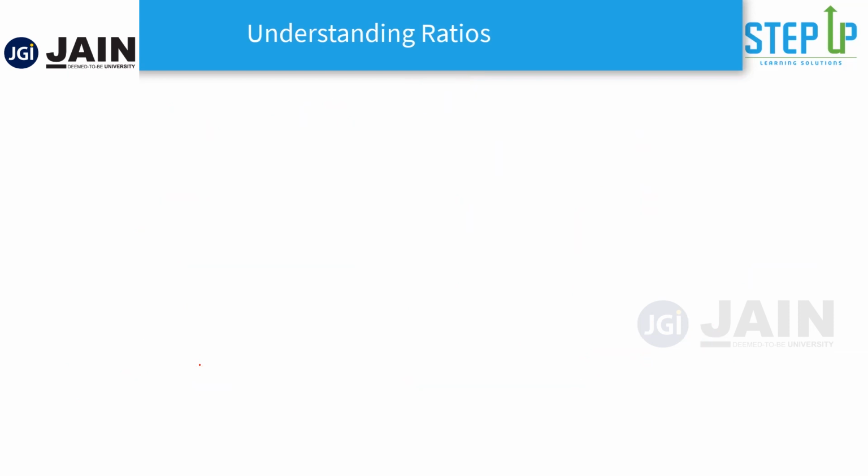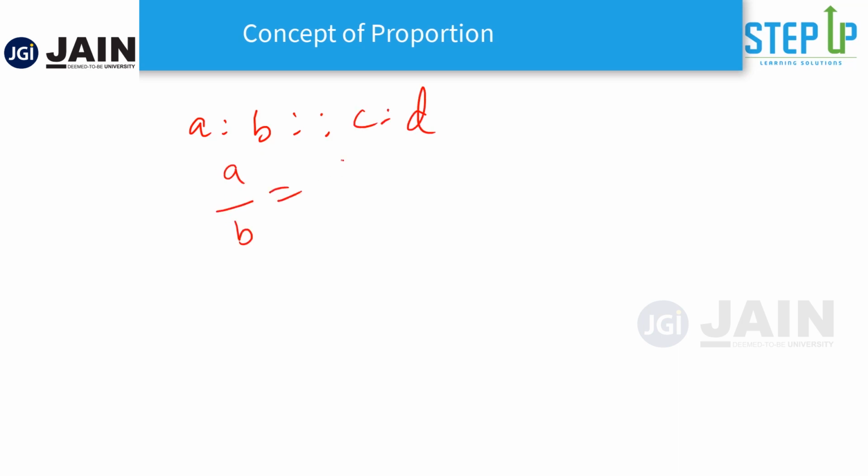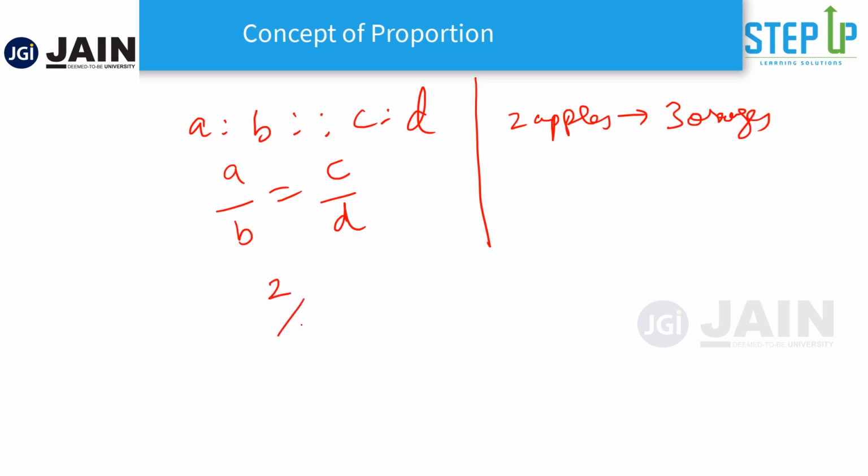Let's move to the concept of proportion. In the exam, let's say it's given that there are 4 things and A is to B is proportionate to C is to D. This means the relationship is A by B equals C by D. Now how this is helpful is, let me draw an analogy to my previous problem. For every 2 apples, if you have 3 oranges, 2 by 3 is the ratio.